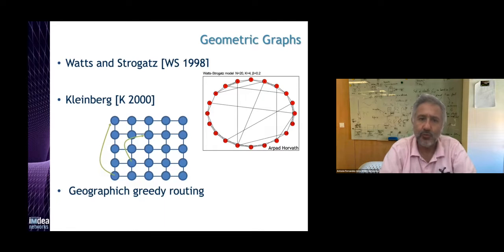Essentially, you choose one node at random using as weight the inverse of the distance from the source to that particular node. Then what you get is a network in which the geographic greedy routing is able to find the target in log square steps on average.